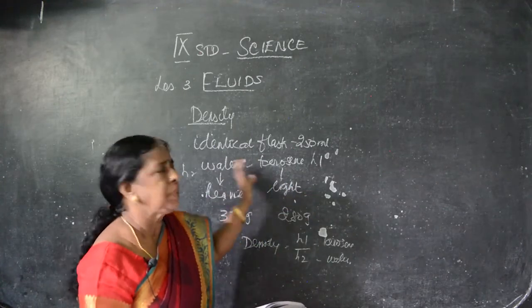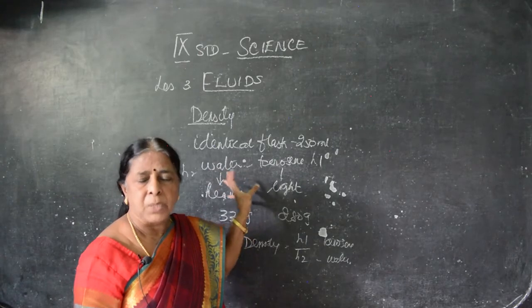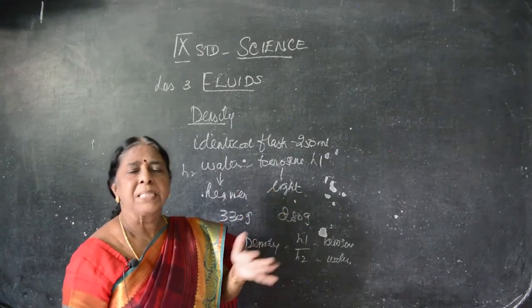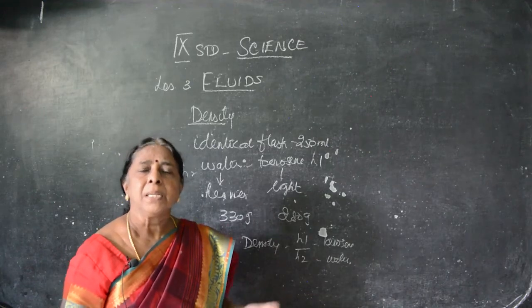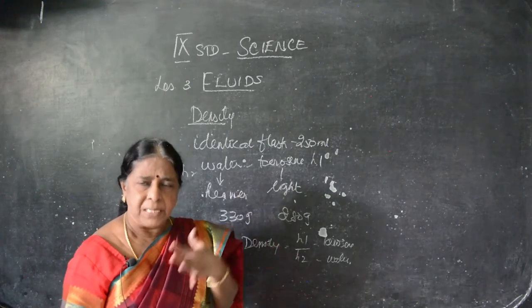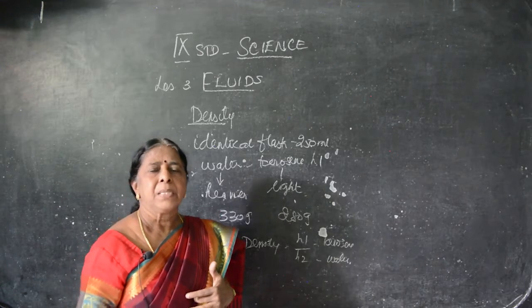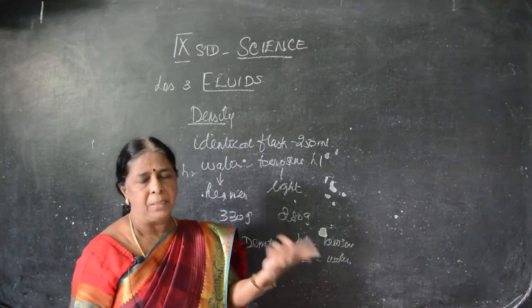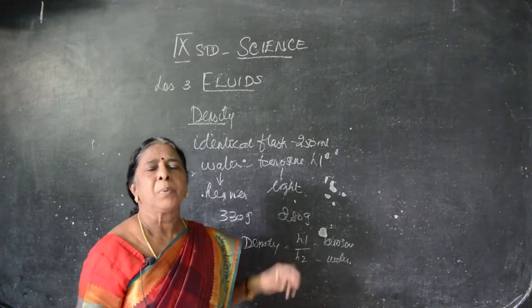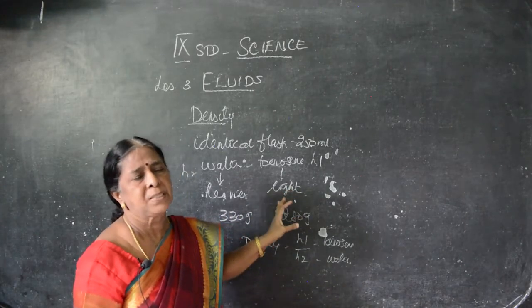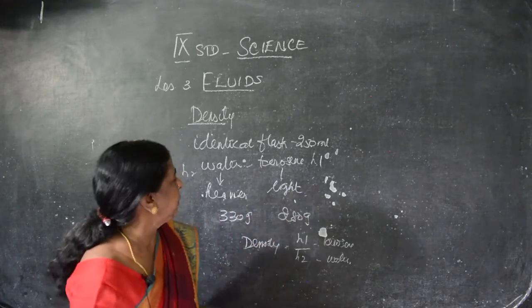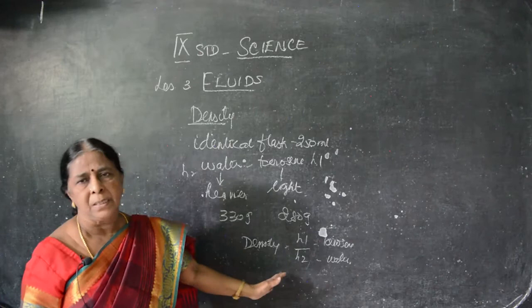The comparison between these two, keeping water as the standard, is known as relative density. Why do we say relative? For example, if my sister is there, she is related to me. Similarly, taking water as the base, we find the density of another liquid. That is relative density, which we can find by H1 by H2.